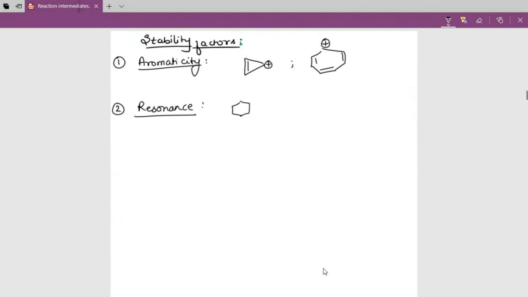Examples for resonance are PhCH2+, CH2=CH-CH2+, and R-CH-OCH3+. Here this oxygen lone pair will give a bond to carbon and complete the octet. So these are all resonating.